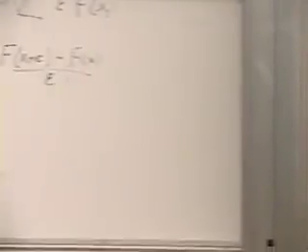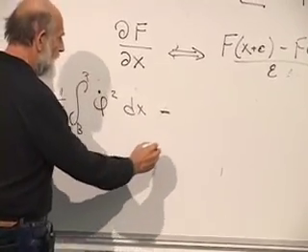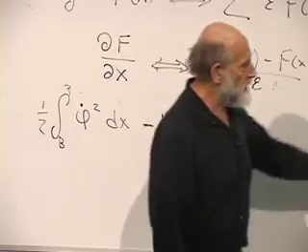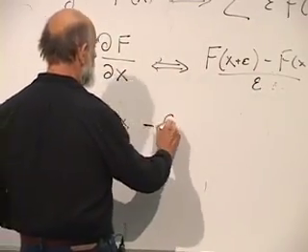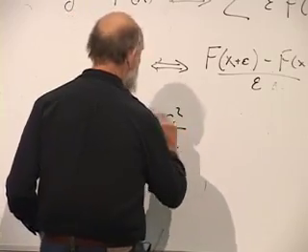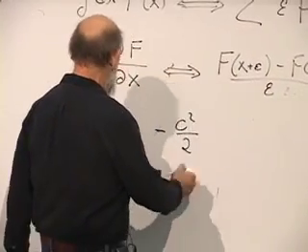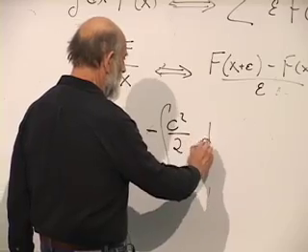I want to subtract the potential energy. So that's minus 1/2. The 1/2 is the same 1/2. c squared over 2, minus c squared over 2. The epsilon in the numerator just becomes dx again. Let's put integral dx.